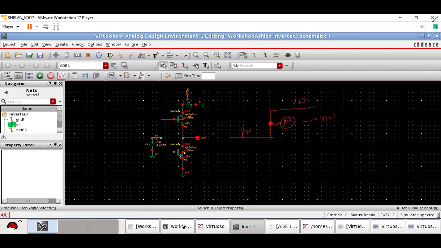Now, please understand that if I start giving more number of clock cycles in a given period, one period is this, the other period is like this.